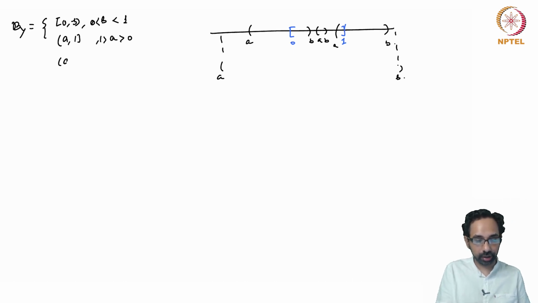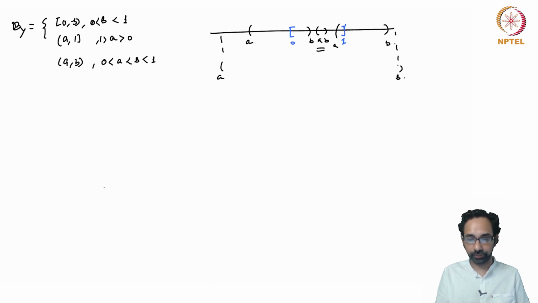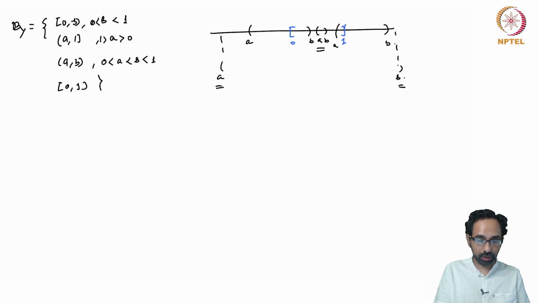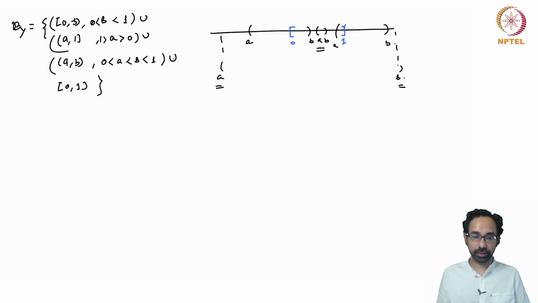And you can also have (a, b) where 0 is less than a is less than b is less than 1, so elements of this form where the interval (a, b) completely lies inside the interval [0, 1]. And finally you have the set [0, 1] itself, because if you take a large open interval which contains [0, 1], then you will get this set [0, 1] itself. Okay, so all these are the basis sets for this subspace topology B_Y.